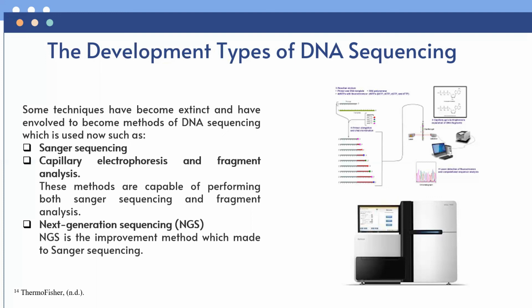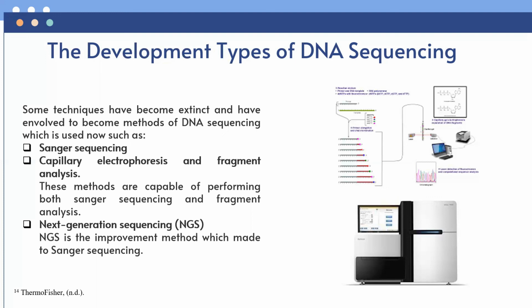The last is next generation sequencing, or NGS. The basic next generation sequencing process involves fragmenting DNA or RNA into multiple pieces, adding adapters, sequencing the libraries, and reassembling them to form a genomic sequence.